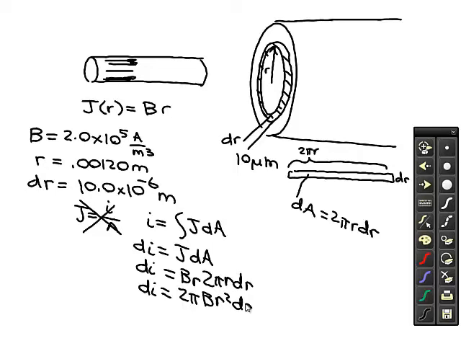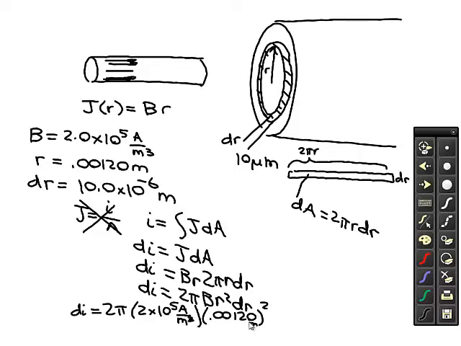So our last step is to put the numbers in and figure it out. I've got dI equal to 2 pi B, 2 times 10 to the fifth, that's amps per cubic meter, weird units, times r squared. So I've got 0.00120 squared, and that's in meters.